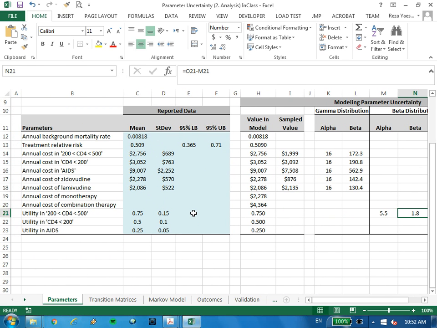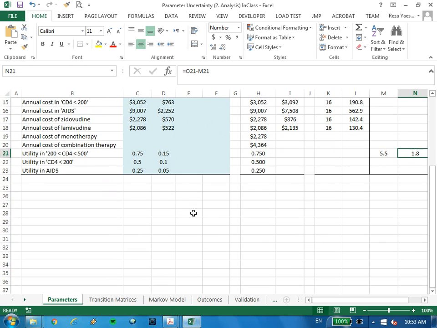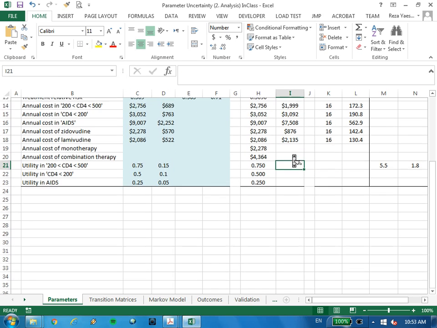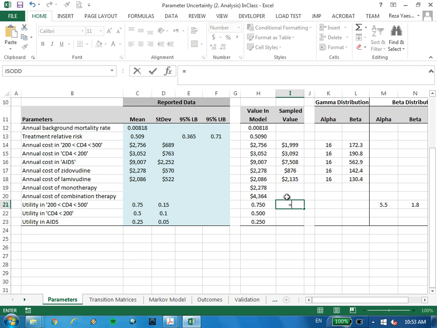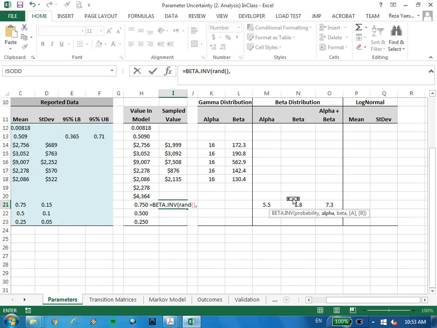Right? This is how I fit a beta distribution to the utility weights that has this sample mean and standard deviation. Now I'm going to use the same method, the inverse transform, to sample from this distribution. So I'm going to use beta inverse. I need to pass a random number between 0 and 1.